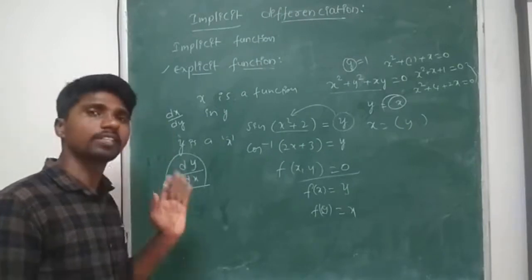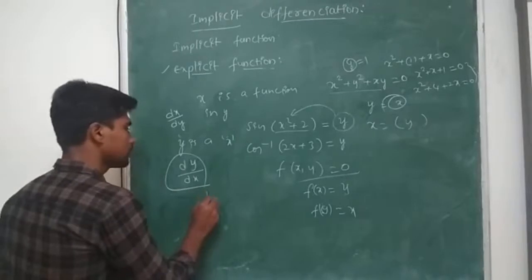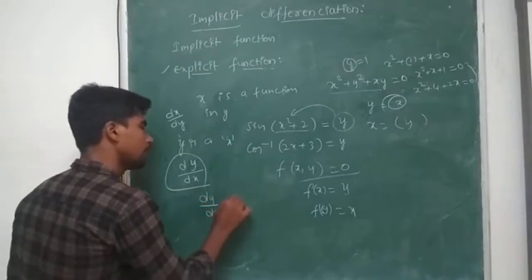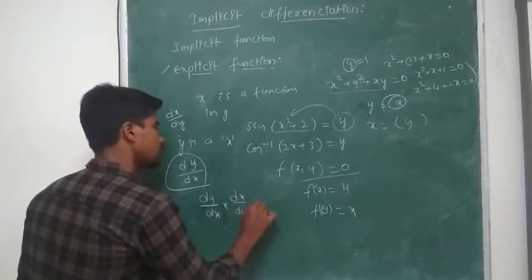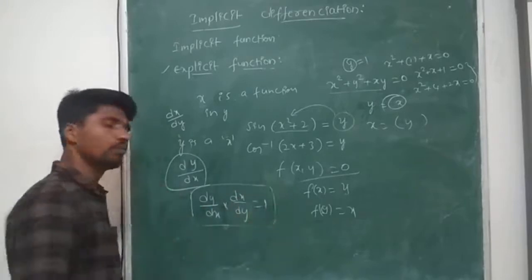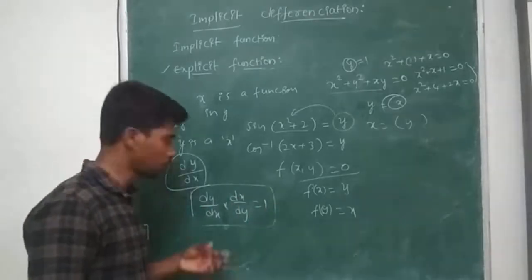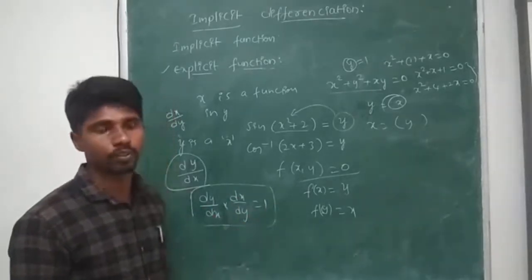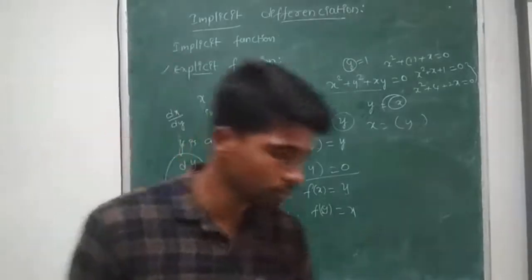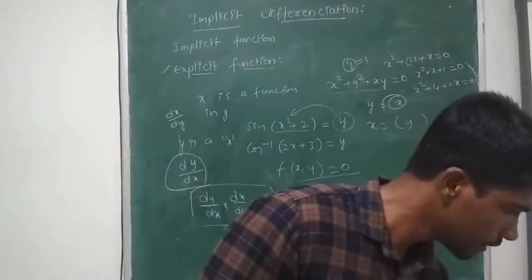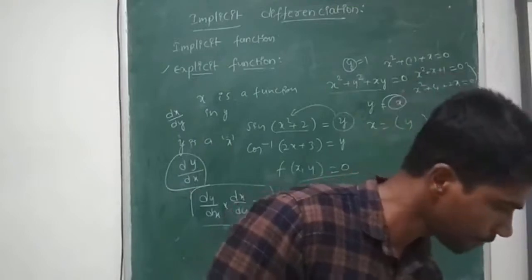And in previous cases we have learned that always dy by dx into dx by dy is equal to 1. So we will see some problems to prove this condition also. Let me discuss a few problems to get a better idea. I hope you understand.